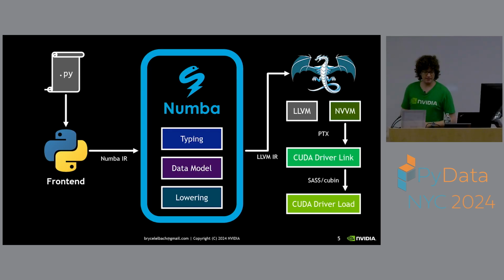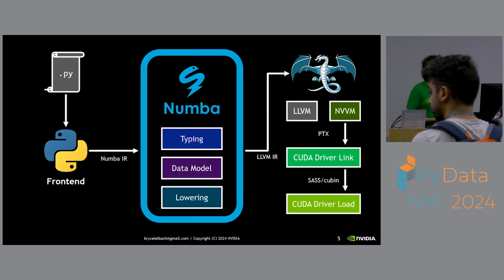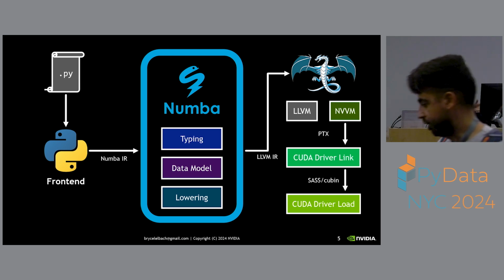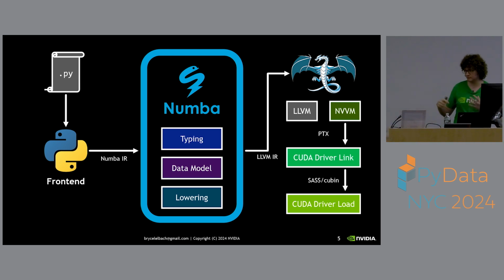So the primary way to write GPU kernels in CUDA Python is with Numba's CUDA backend, which is going to be the primary technology I'll be talking about today. So Numba is a JIT compiler framework for Python that is widely used and pretty popular. I bet some of you have heard of it or used it.